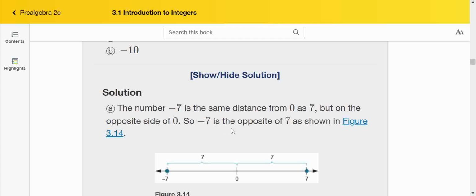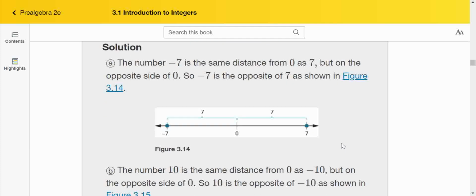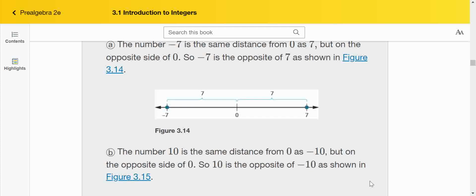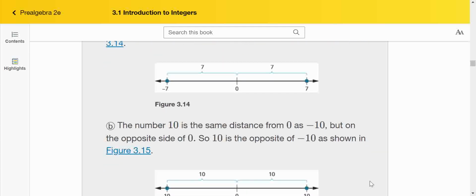So minus 7 is the opposite of 7, as shown in Figure 3.14. B. The number 10 is the same distance from 0 as minus 10, but on the opposite side of 0. So 10 is the opposite of minus 10, as shown in Figure 3.15.